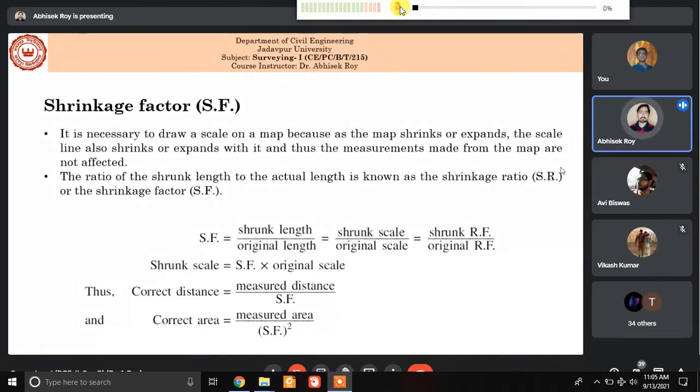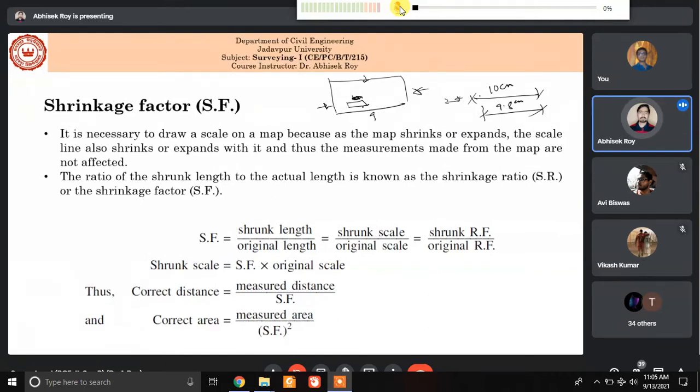Now it is very important to draw the scale in your drawing also, not only to write that 1 centimeter will represent this much, because what happens with time is that this map may shrink. If this map shrinks, then obviously all the lengths will shrink. So previously it is drawn as 10 centimeter to represent say 10 kilometer, suppose after shrinking it is now 9.8 centimeter.